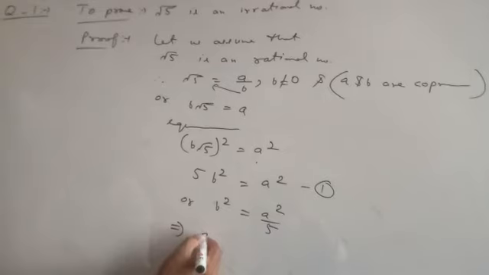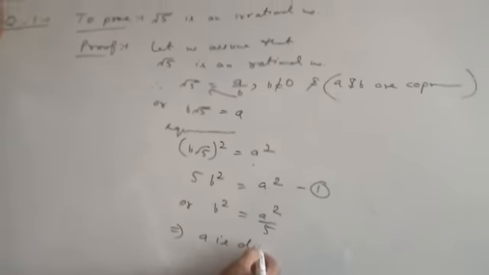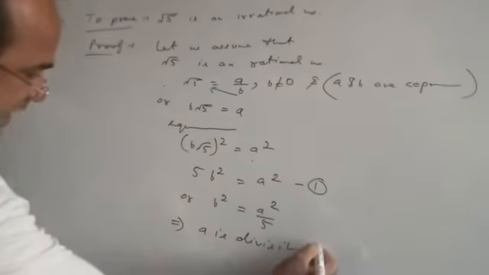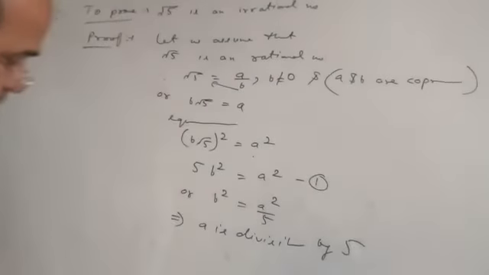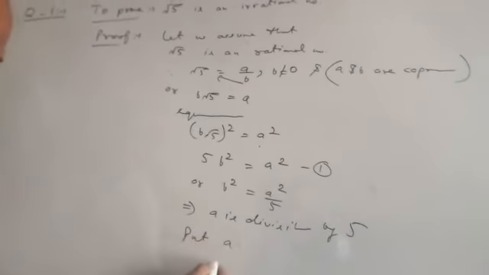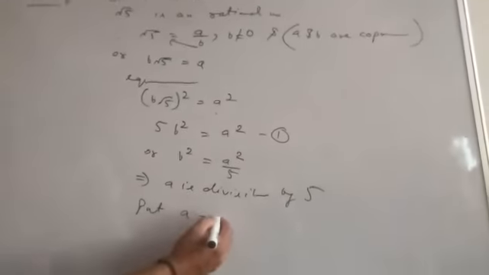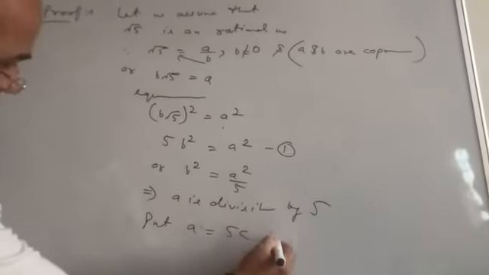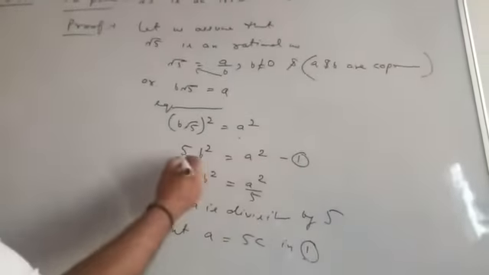It implies a is divisible by 5. Put a equal to 5c in first. Here in this line.